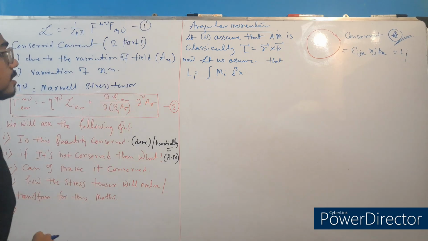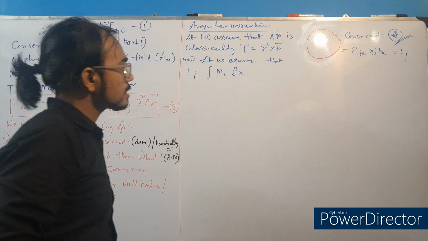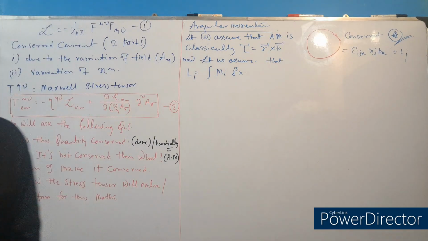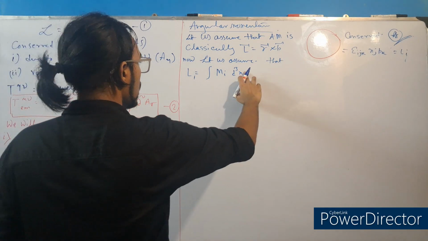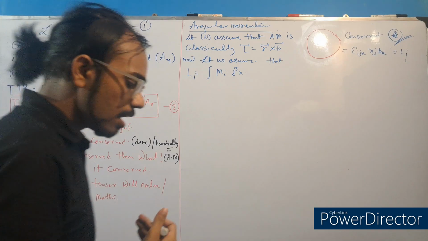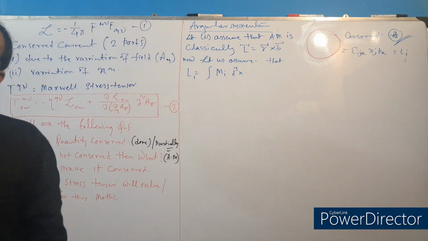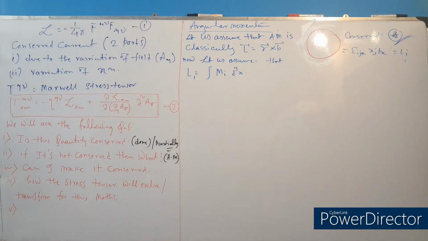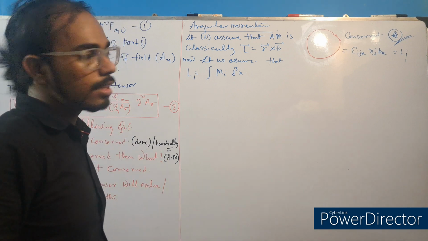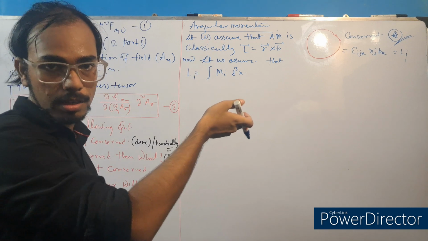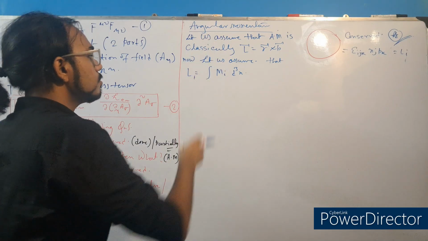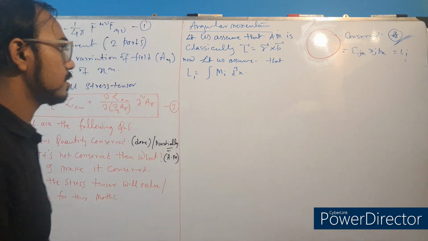If you want to write it like this, the point is, you guys can ask, what is the reason for writing the L in terms of a density? Because from the previous experience, we can see that our field momentum and the energy has arisen in terms of some kind of a density. So I think it is very trivial that the angular momentum, if it arises from our theory, will have some kind of a density, angular momentum density. So we will assume that this mi is angular momentum density.